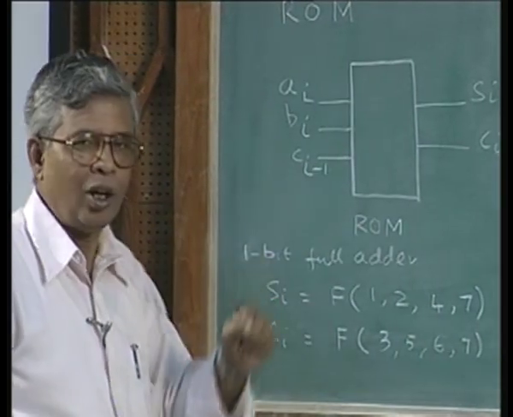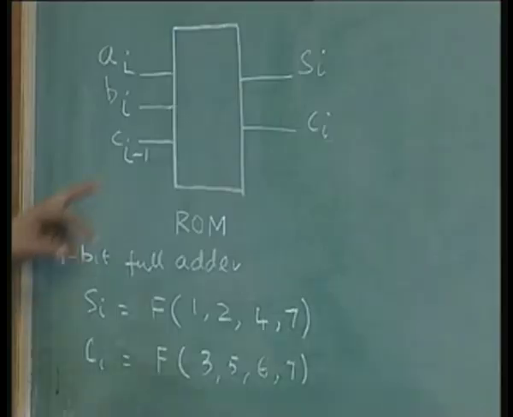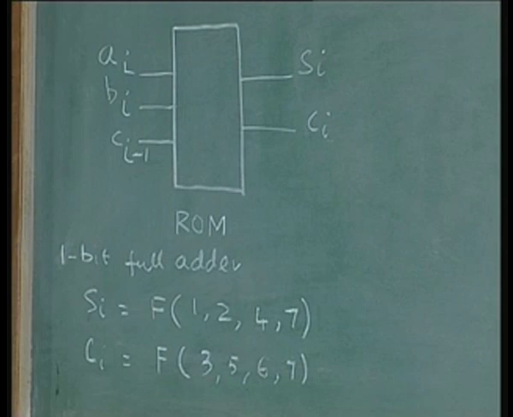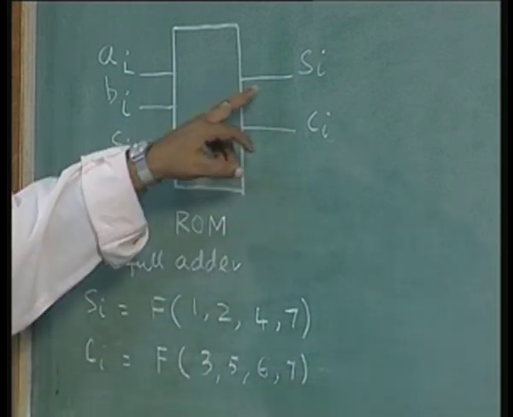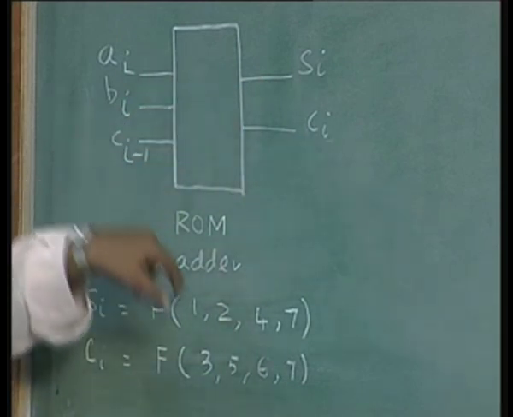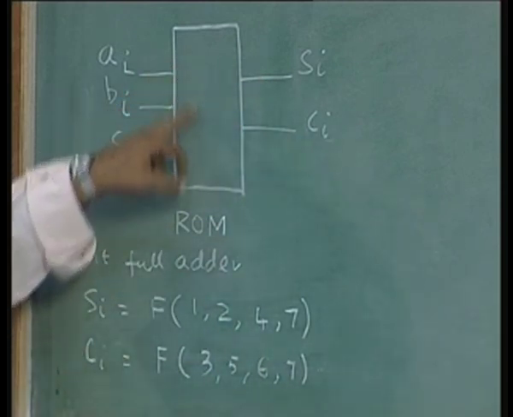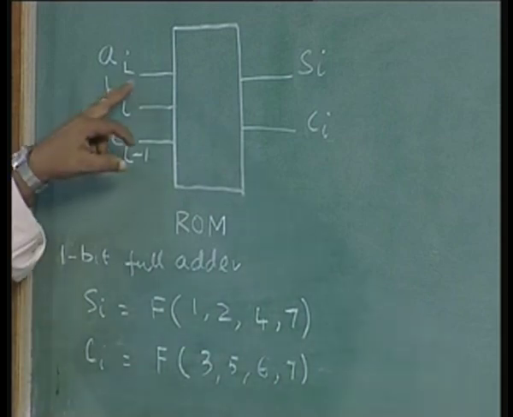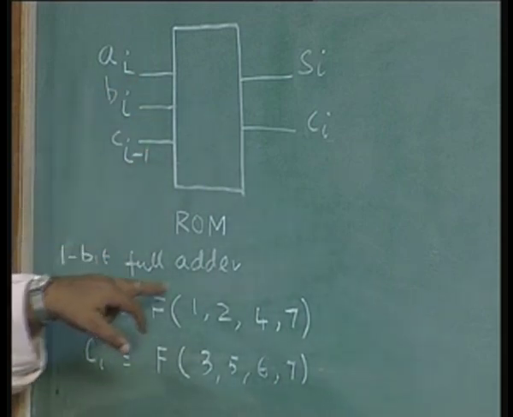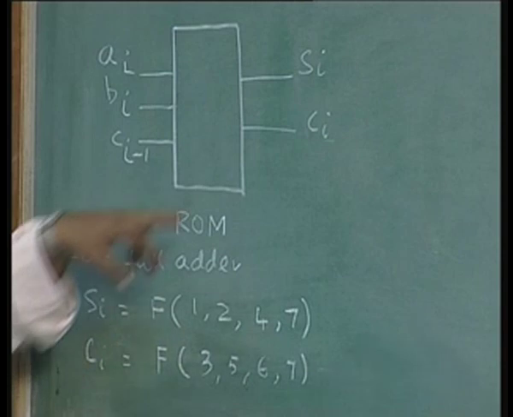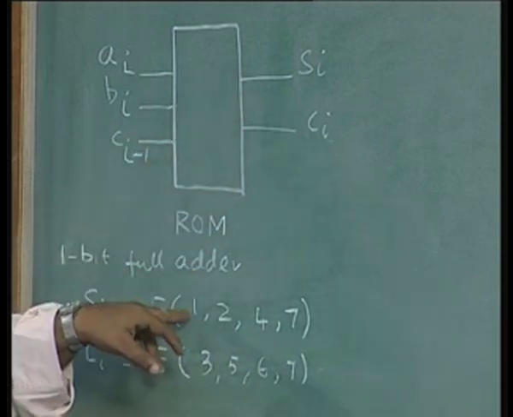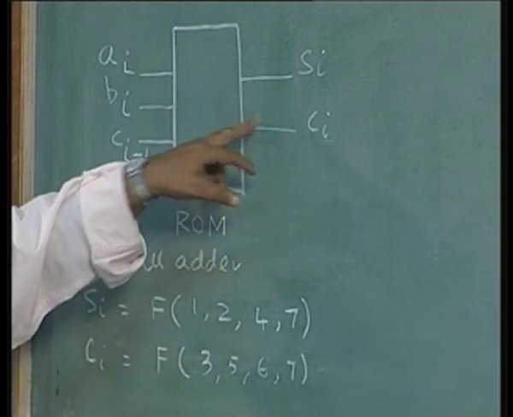What is inside this ROM? After all, how do you generate these minterms? By combinations of A, B and C, and how do you generate the output? Output is by combining the minterms. So, you need an AND gate array in order to combine A, B and C in different ways to get different minterms, and an OR gate array in order to combine the different minterms to form the output.